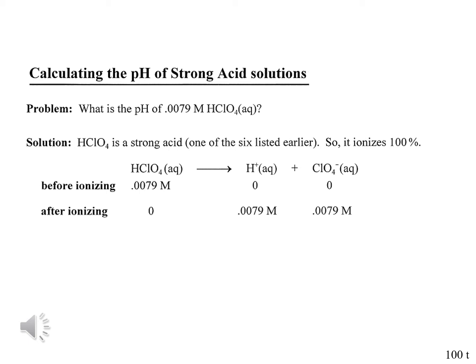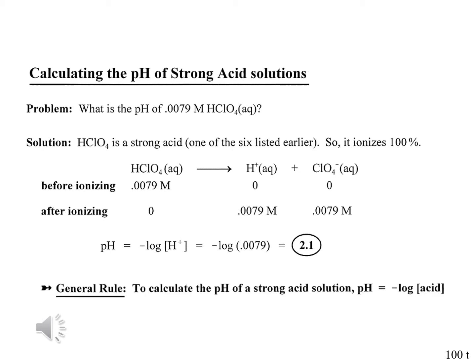We don't really care about the ClO4- because that's not going to affect the pH. What we care about is the H+. In order to get the pH from the H+, it's minus the log. And if you take minus the log, you get a pH of 2.1, which is appropriate because it has to be below 7. This is an acid.